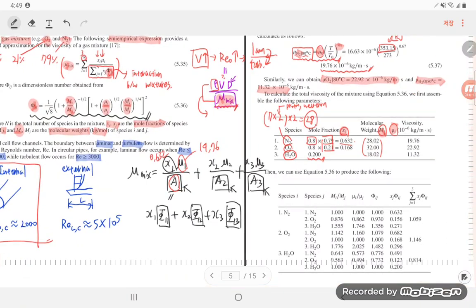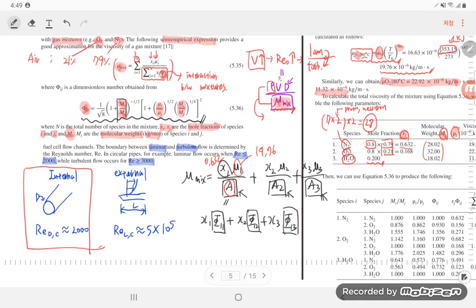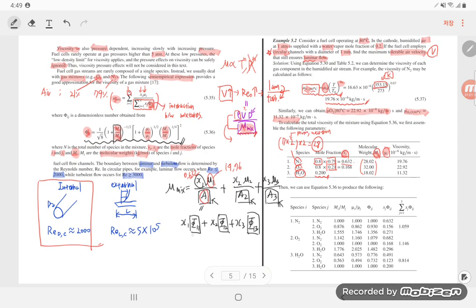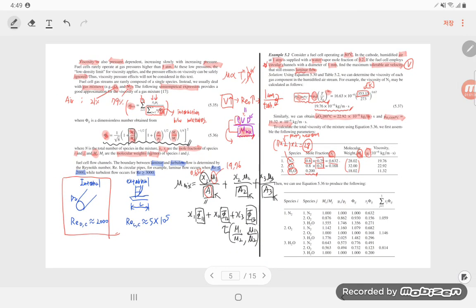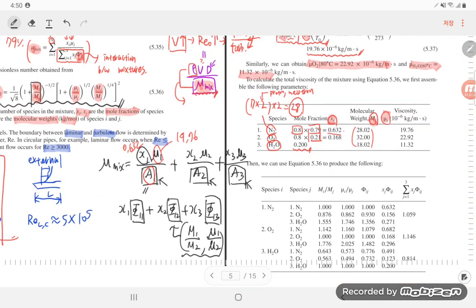So to obtain this one, we make a table like this one, because there is a ratio between the molecular weight and the viscosity ratio. To get this one, we should know about M1. Okay, this is simple. For this one, we should know about the M1, M2, and mu 1 over mu 2. To calculate this pi, we should know about this ratio. We already know about the molecular weight of each species.